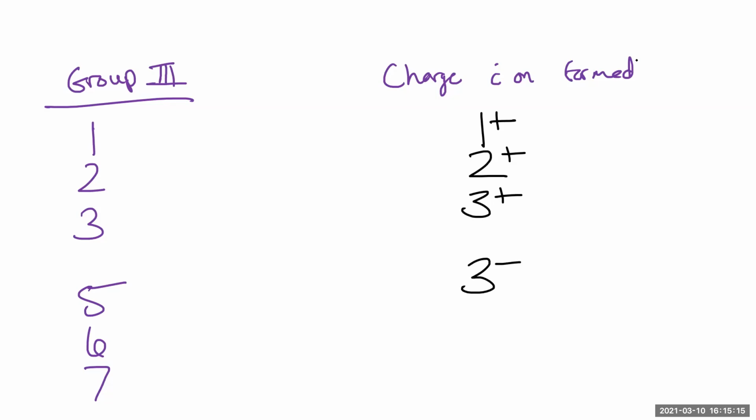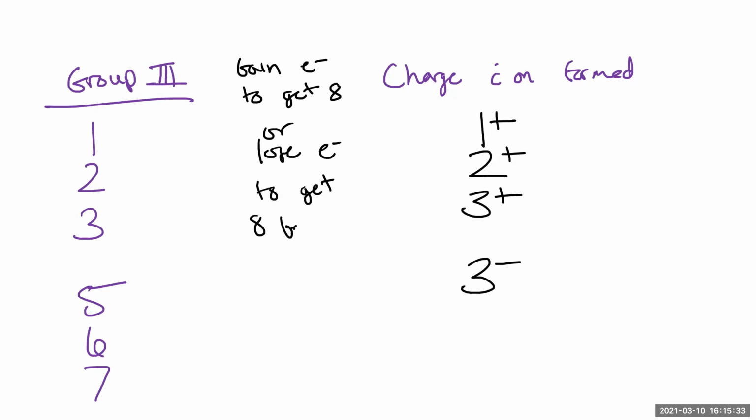This is because you remember, we're trying to gain electrons or lose electrons to get 8 beneath the current valence shell.